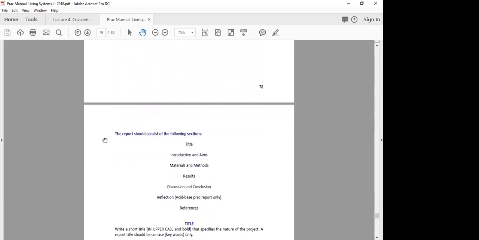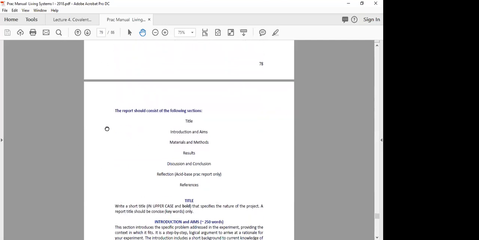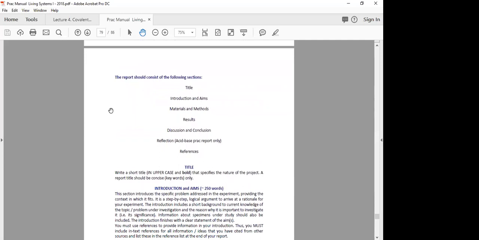All right, here are the sections that you must include in your report. So of course you'll have a title. You can use the same title that's provided for that particular prac that you're writing on, or you can come up with your own title if you like. Then we have the first section, introduction and aims. Once again, aim for about 250 words here. Materials and methods section, results, discussion and conclusion.